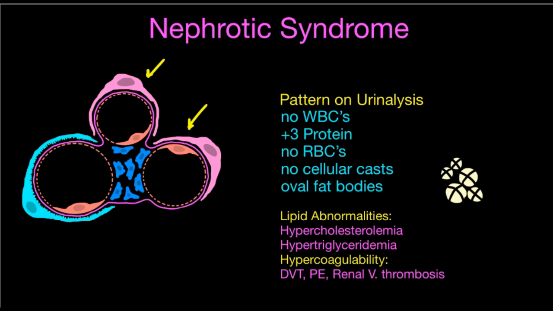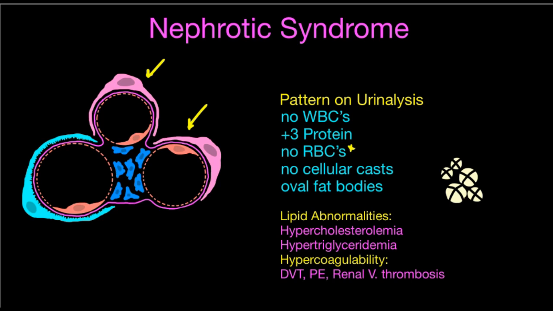And so remember that on a urinalysis, there's typically no white blood cells, there's heavy proteinuria, typically no red blood cells. Some of the diseases have maybe microscopic hematuria, so I'll put a little asterisk here. Sometimes there's a little bit, but not a lot of hematuria.